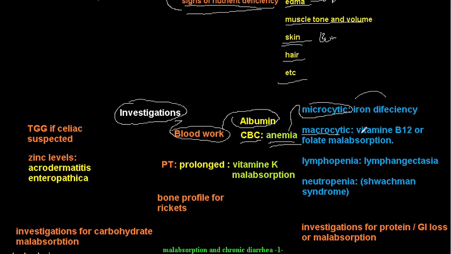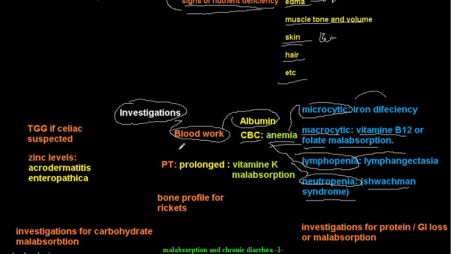Macrocytic, it's due to vitamin B12 deficiency, folate, or folate malabsorption. Okay, if you have lymphopenia, lymphocytes decrease, maybe lymphangiectasia. If you have neutropenia, maybe due to Shwachman syndrome. Okay, I'm going to talk about this in detail.